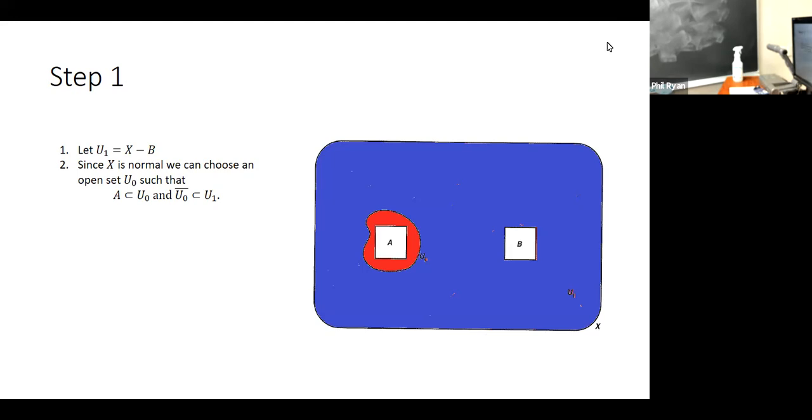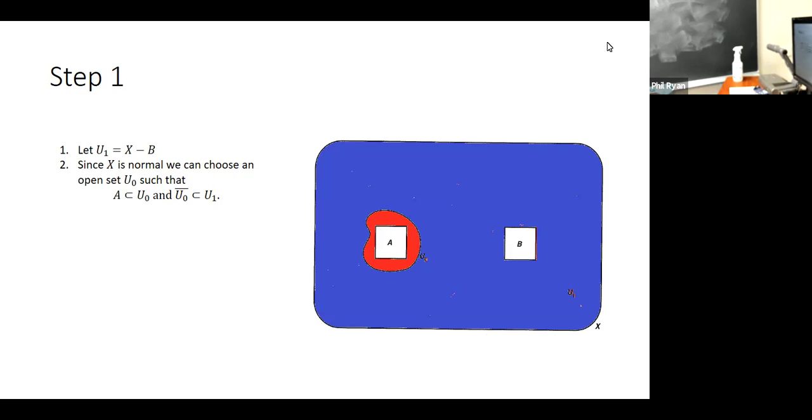And because it's separated from B, the closure of U0 is not going to intersect with B. So the closure of U0 is going to be entirely contained within U1.